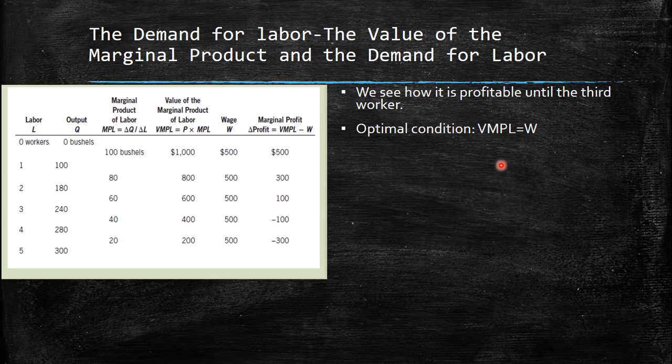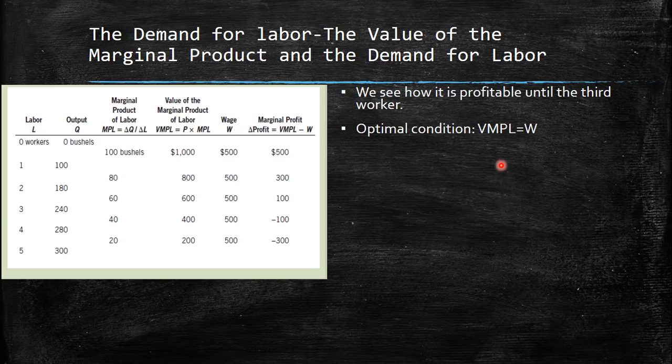This is where the value of the marginal product of labor is exactly equal to the wage. This is like marginal revenue being exactly equal to marginal cost, as we saw in the previous chapters, but here we express it with different labels.